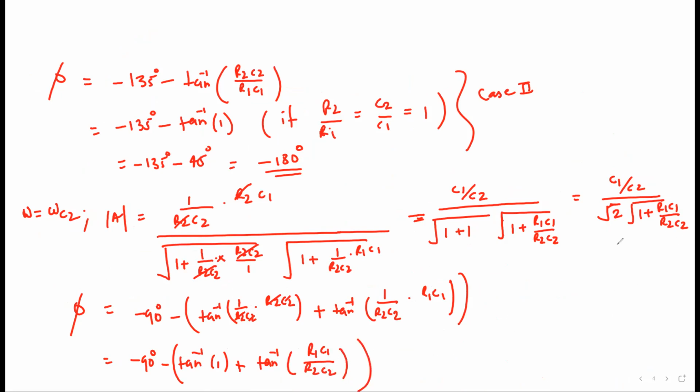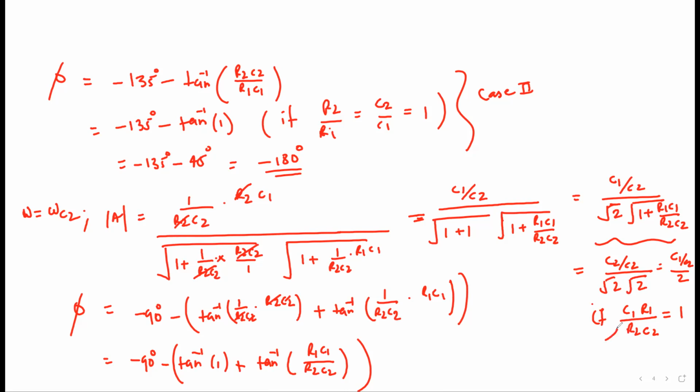So what we see here, in this expression, the gain takes the form of C1 by C2 root 2, that is root 2 times C1 over C2 divided by 2, if we assume that R1C1 over R2C2, that ratio, is equal to 1.